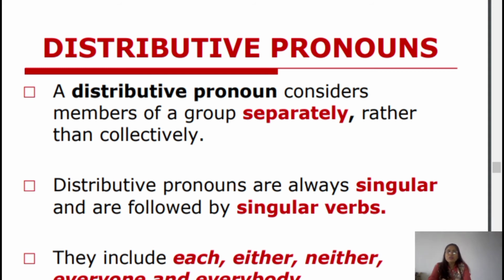They refer to a group or a number that is definitely more than one, but they are followed by a singular form verb, which you can learn from subject and verb agreement rules. So distributive pronouns are always singular. They are followed by singular verbs. Some examples are each, either, neither, everyone, and everybody.